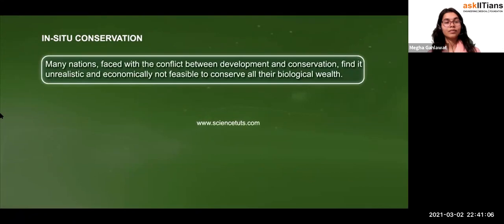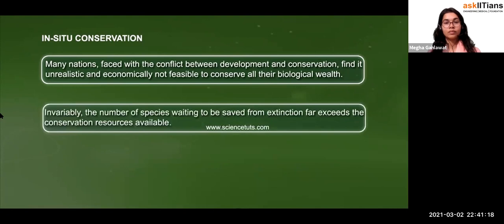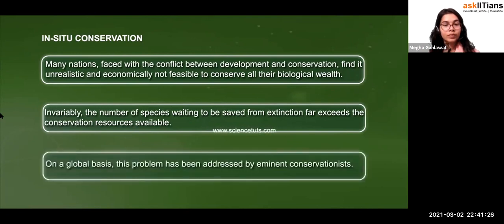In situ conservation. Many nations, faced with the conflict between development and conservation, find it unrealistic and economically not feasible to conserve all their biological wealth. Invariably, the number of species waiting to be saved from extinction far exceeds the conservation resources available. On a global basis, this problem has been addressed by eminent conservationists.